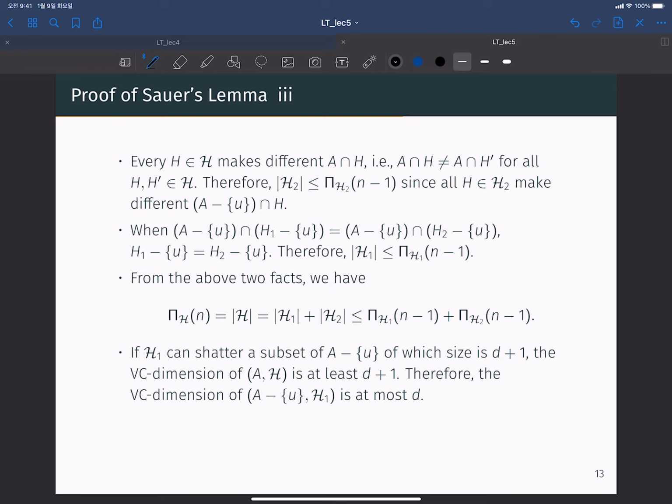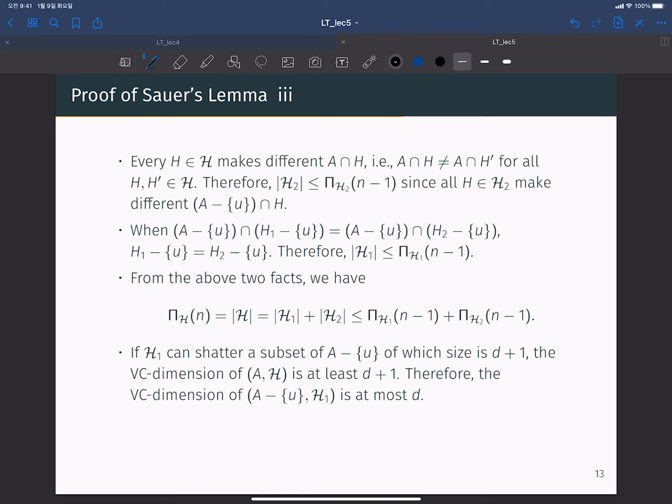Every hypothesis H makes a different intersection with the original set A. In other words, when we have different hypotheses H and H prime, the intersections between A and H, and A and H prime, are different.